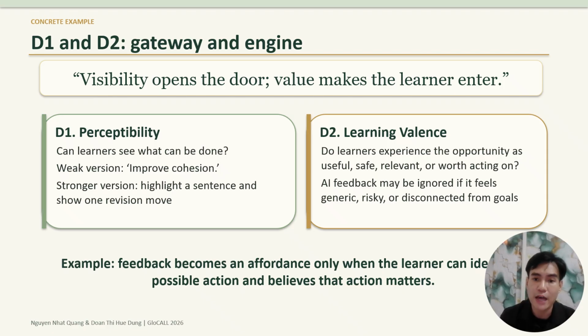If learners cannot judge what matters, the affordance remains weak. So when we look at these 2 dimensions, we see that perceptibility opens the door, but language valence makes the learners enter that door into the world of language.